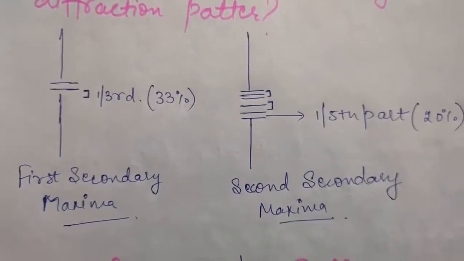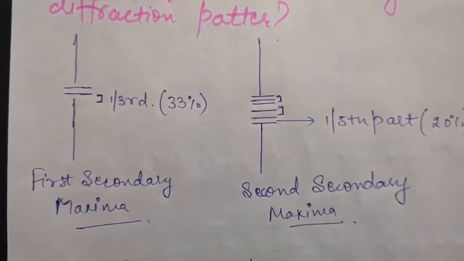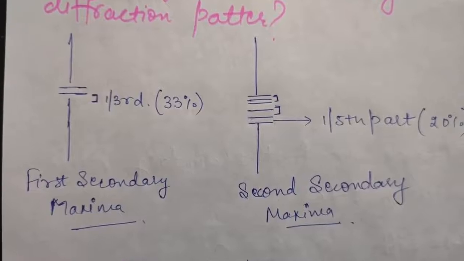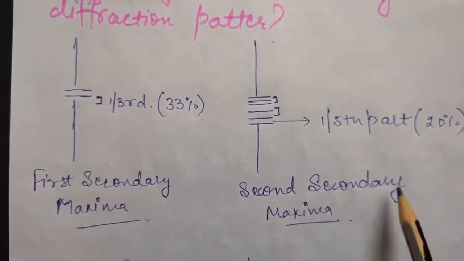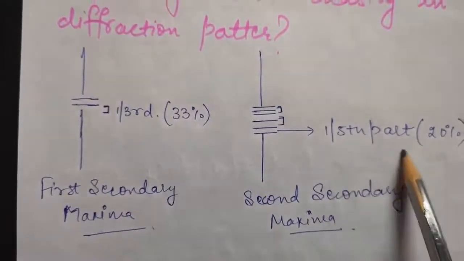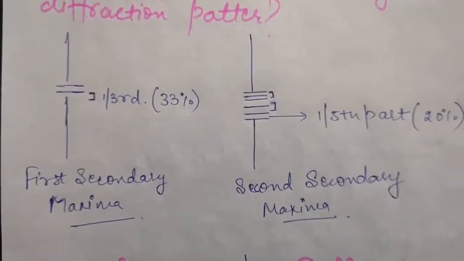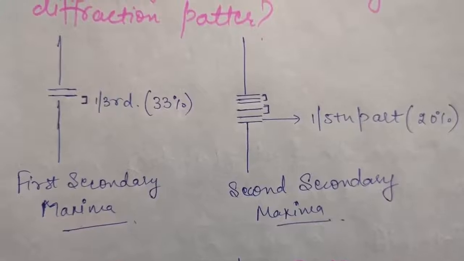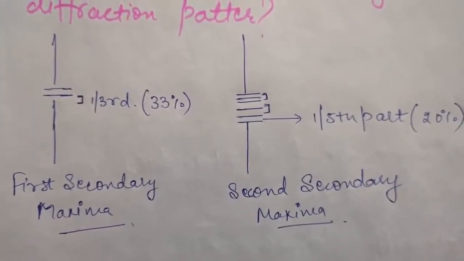Therefore the intensity goes on reducing, because in central maxima light is coming from the whole slit, for first secondary maxima from 1/3 part of the slit, for second secondary maxima from 1/5 part of the slit, and so on. So it will go on decreasing. This is the reason why the intensity of secondary maxima goes on decreasing in the diffraction pattern.